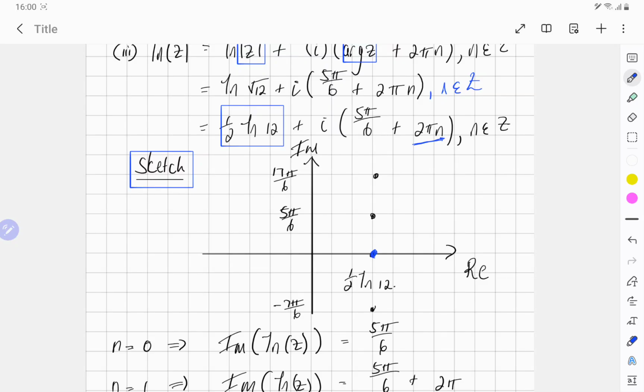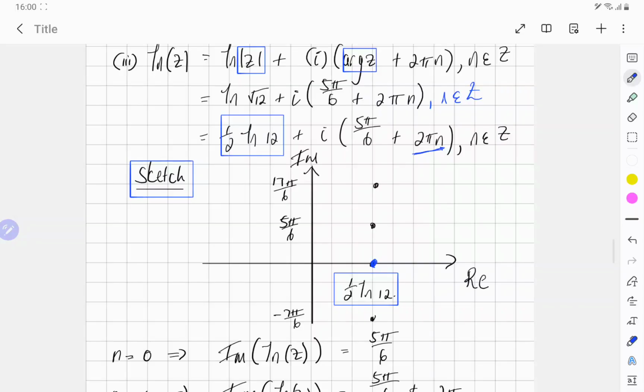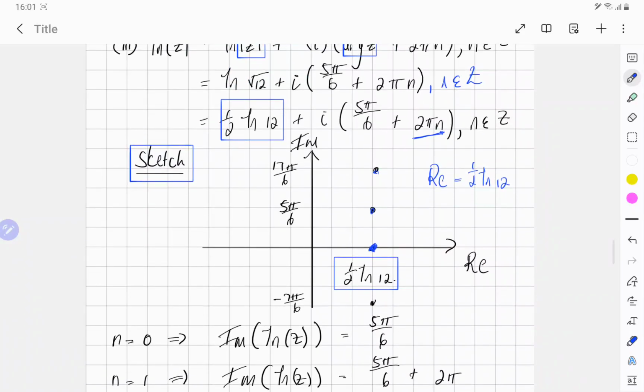Just be careful, I did really just an estimation, not accurate at all, because we're not allowed to use calculators. So my real part will stay a half ln 12 all the way. It's my imaginary part that will change for different values of n.